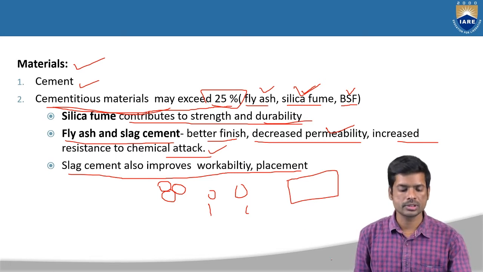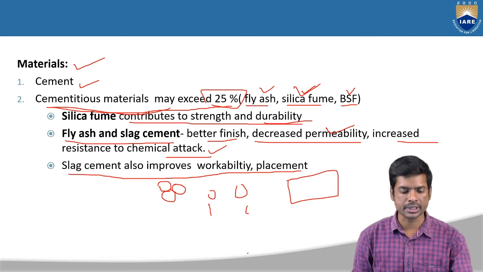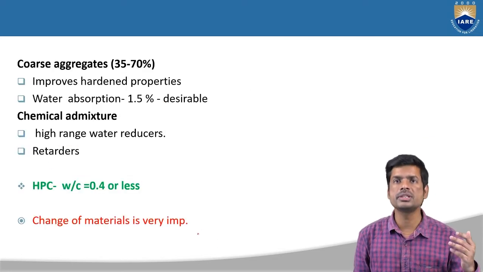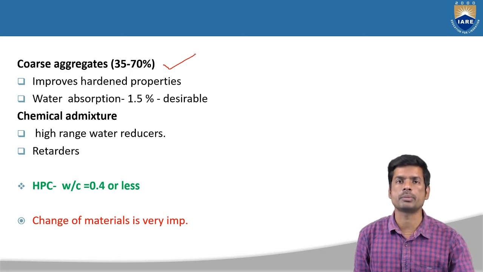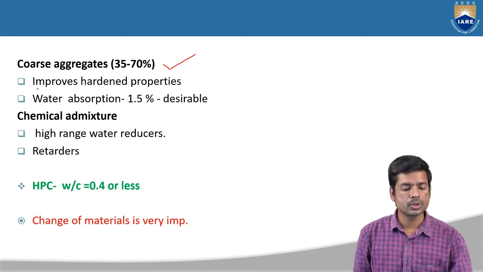These are the different materials, and along with these cementitious materials and cement, we are going to use coarse aggregate. Coarse aggregate is used at around 35 to 75 percent in high performance concrete, and it improves the hardened properties.